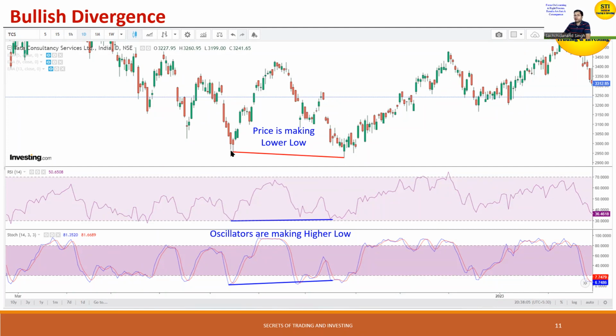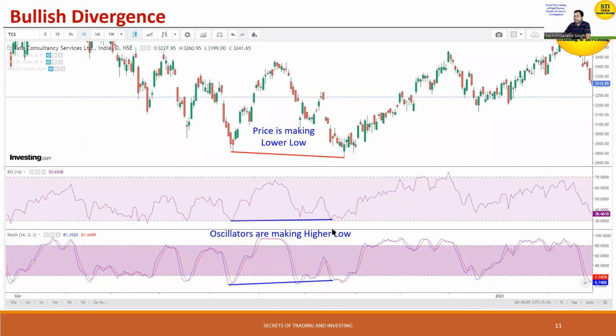At the same time, look at the RSI value corresponding to the price point, and here is the RSI value corresponding to the other low. The price is making a lower low, but the RSI is not going as low as the price.